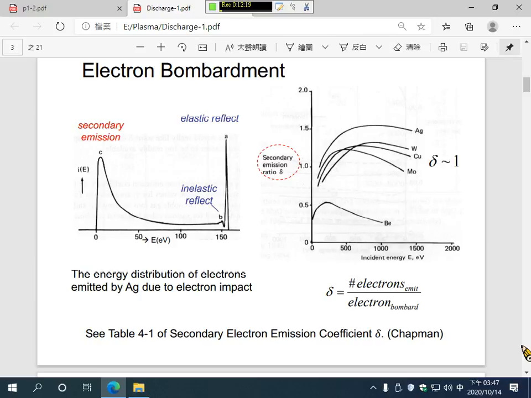Okay, so inside the SEM, there is an electron beam, E-beam, generated by this kind of setup.